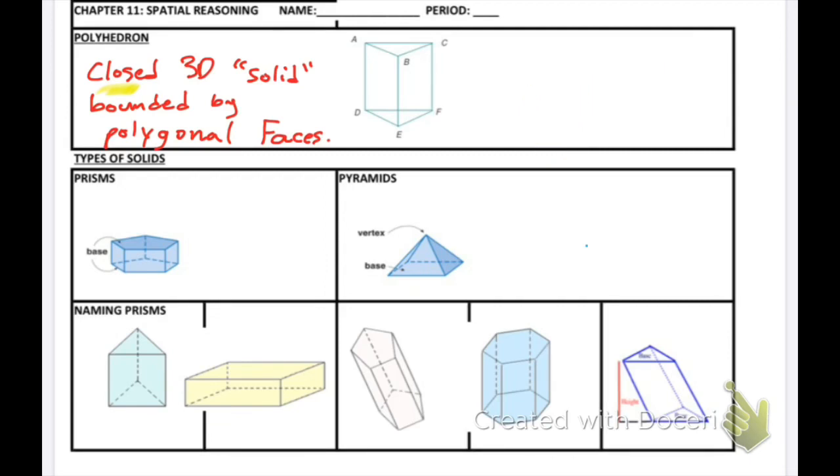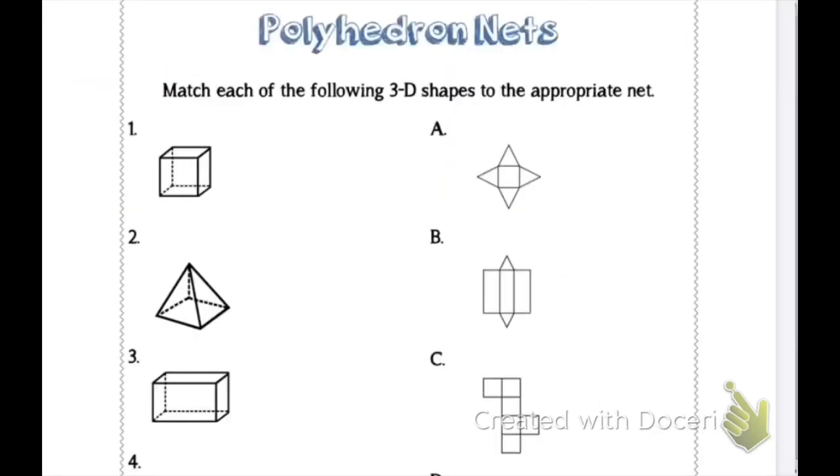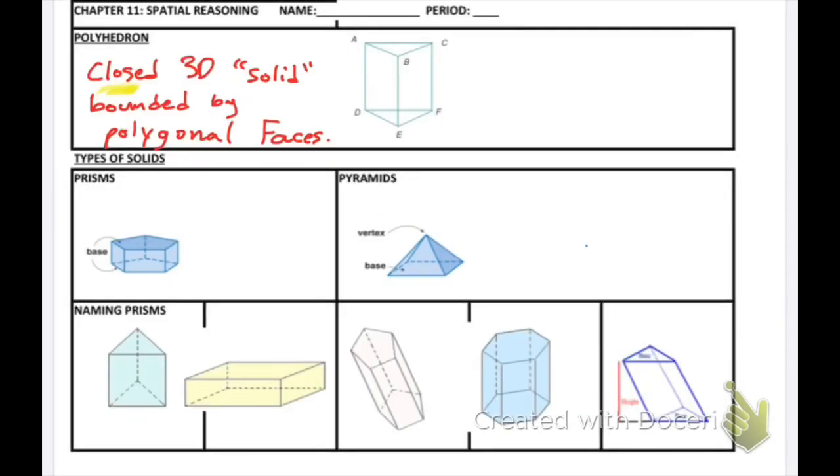Now there are different parts that we're looking at. Back over here, we have a face, we have an edge, and a vertex. So let's look at each of those. The face is this portion here. That would be a face.